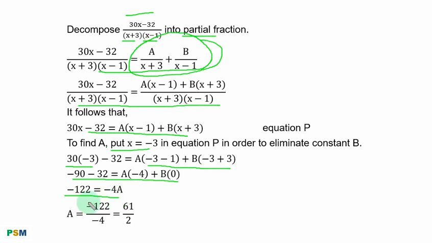To get A, divide both sides by minus 4. You have it in this form, which reduces to 61 over 2.